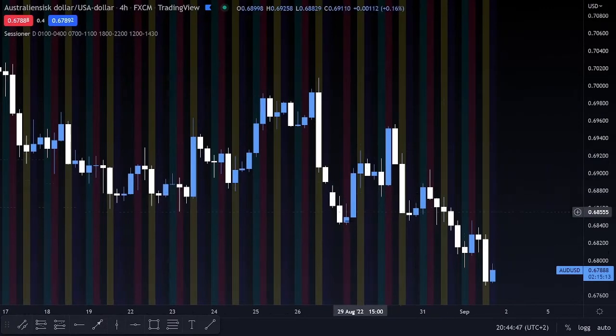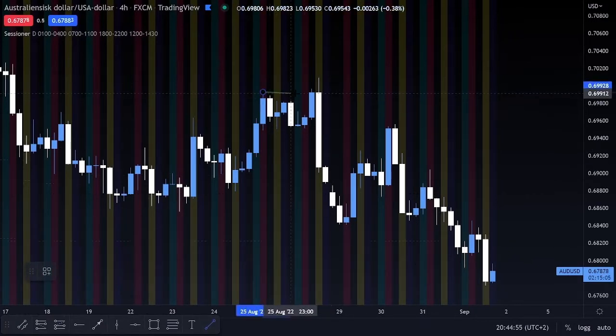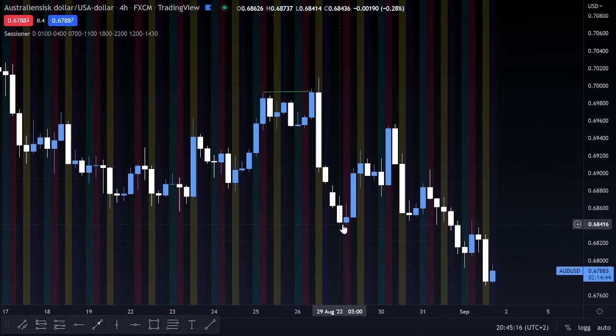But if the week starts here, first of all I see during Friday we have this liquidity raid right above these highs here, and I think it was high impact news during Friday, and we see the market breaking down. Very displacement here, right?